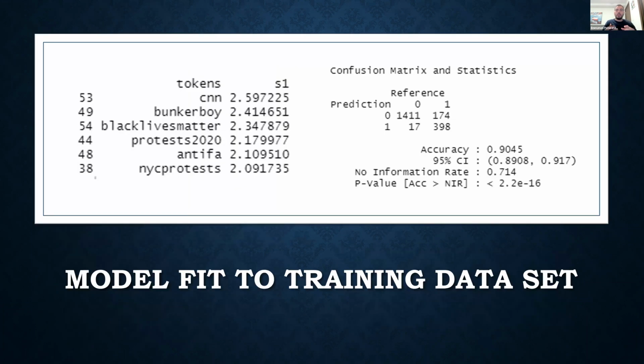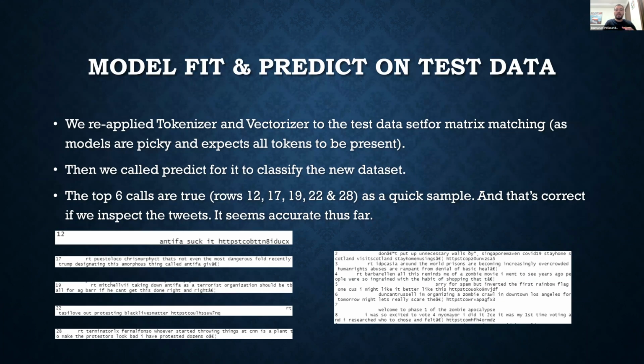But then again, we also use this tokenization and vectorizer to make a matrix matching of the model, because models are picky, and it will expect all the tokens to be present in the dataset, right? So we call predict to classify the new dataset, and the top 6 calls were true after reviewing.